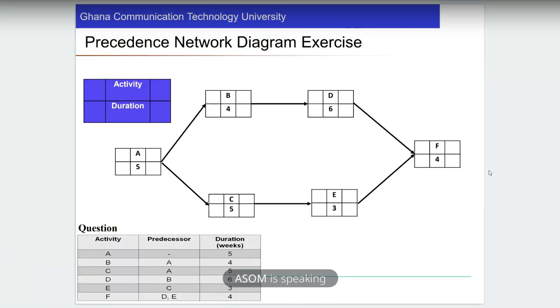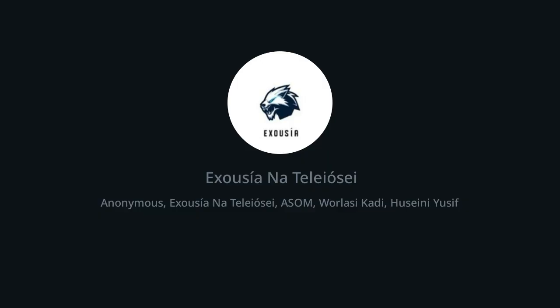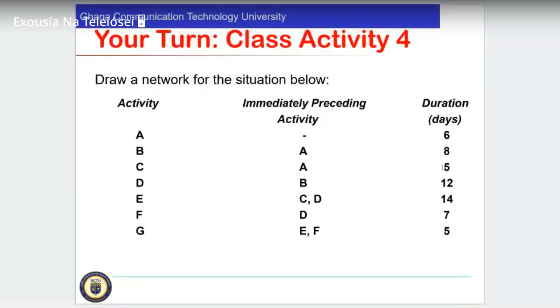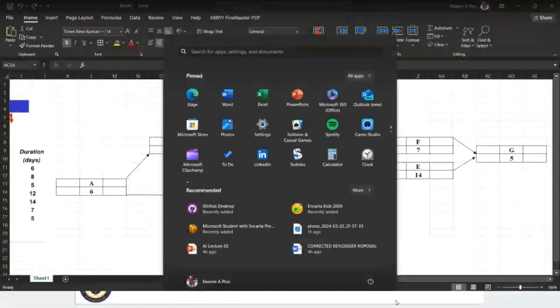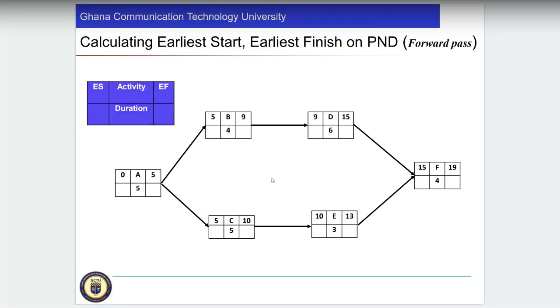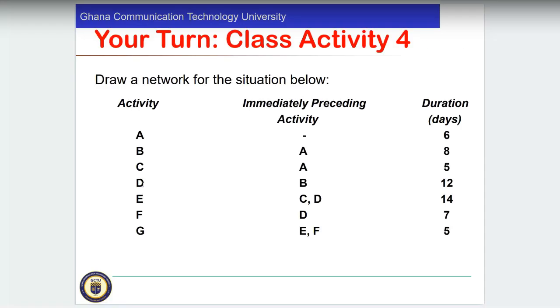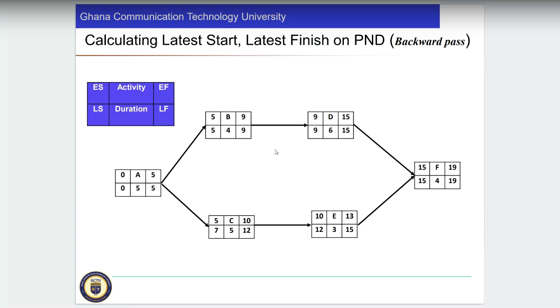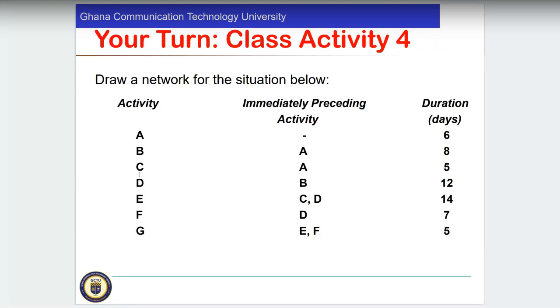Which one? He didn't do this. This is not solved in the slides. That is what we did in our Excel. So this is a particular one. A has a duration of 5. This has a duration of 6, and then this 1, 2, 3, 4, 5, 6, 7.